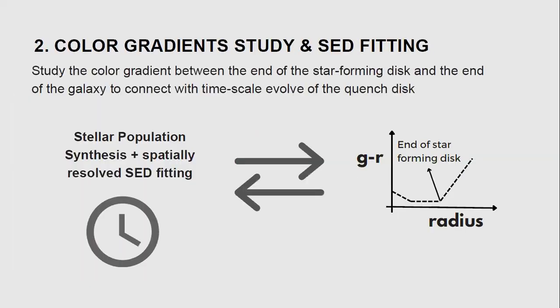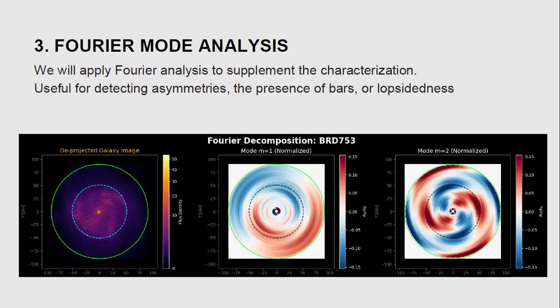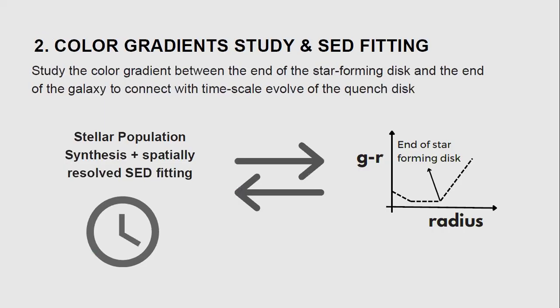Yeah, really good. It's a combination between the color gradients, because different quenching mechanisms create different steepness in the color gradients, and then the Fourier modes are really useful to understand what happened in the structure of the galaxy. It's a combination of both the color gradients and Fourier modes.